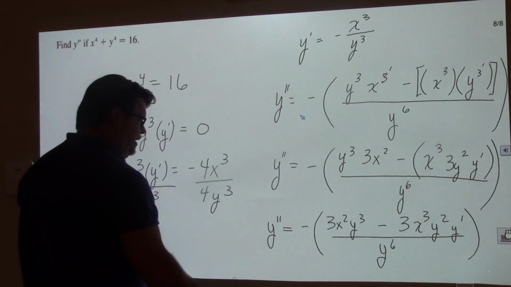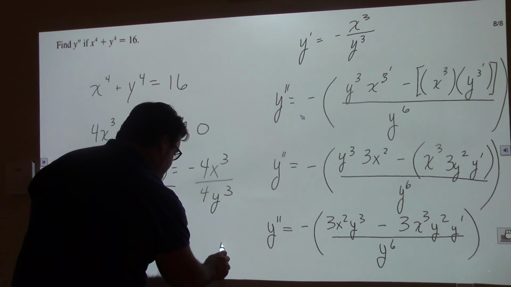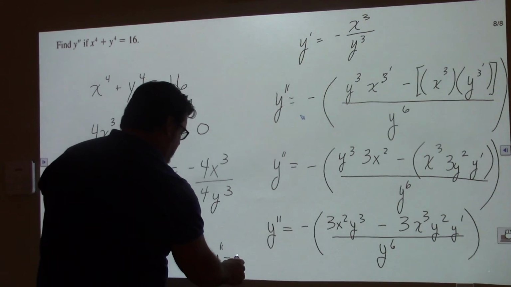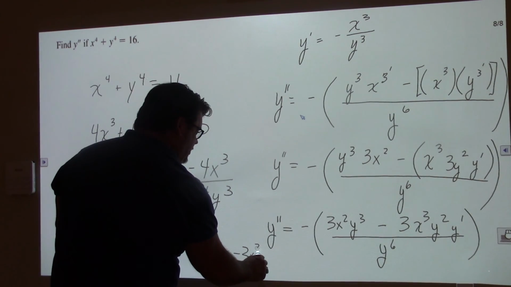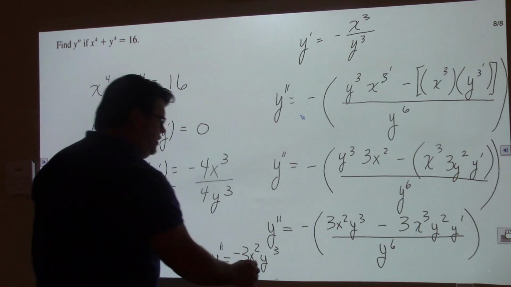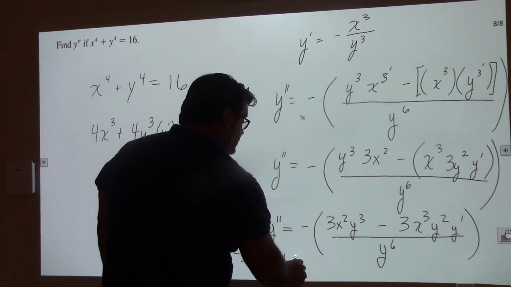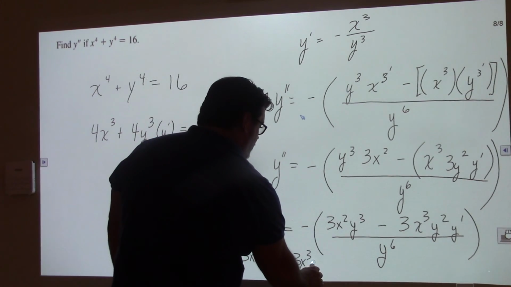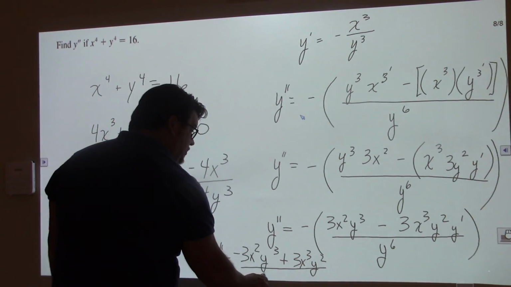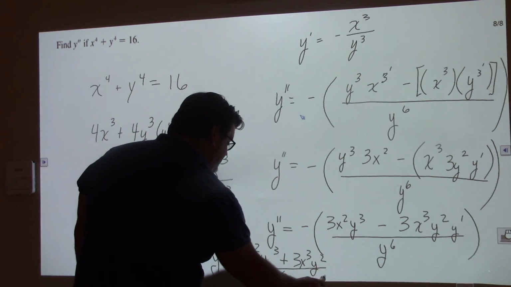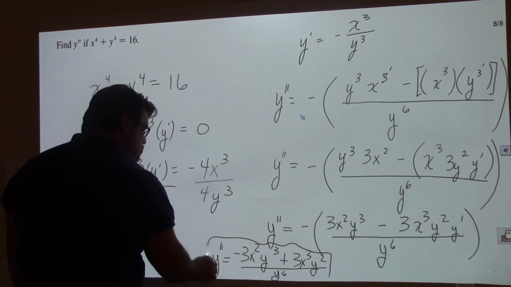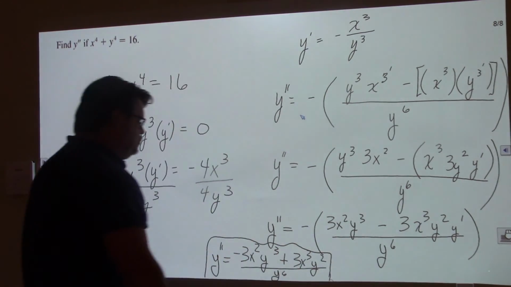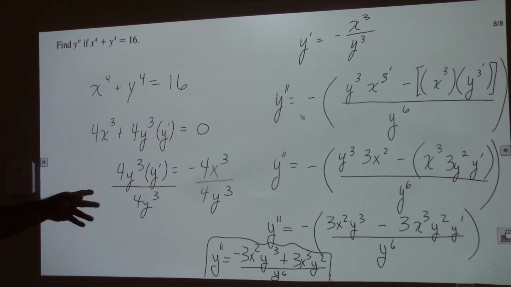I'm not worried about the y prime. Y double prime is equal to negative 3x squared y cubed plus 3x cubed y squared over y to the sixth. Somebody check and see if that's what they got. I mean, you can factor that 3 out. I'm not worried about that. But just see if that's just what they got. Is that what they got? No.